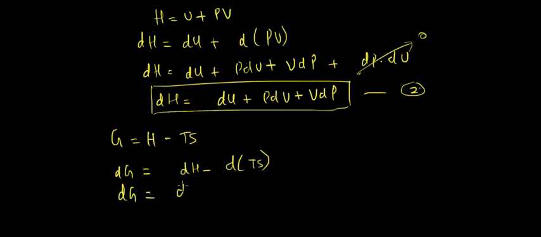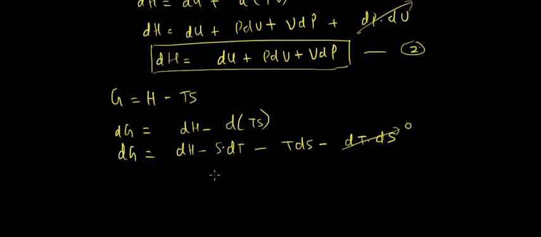So dG would be equal to dH minus S dT minus TdS minus dT dS. So this term would again be very small, so we are considering this product as 0. So from here we can write dG would be equal to dH minus TdS minus SdT.